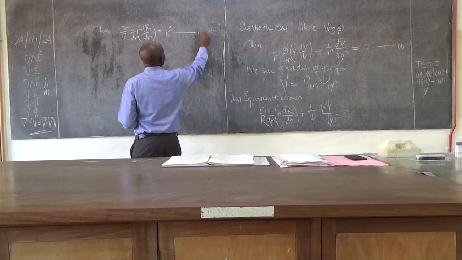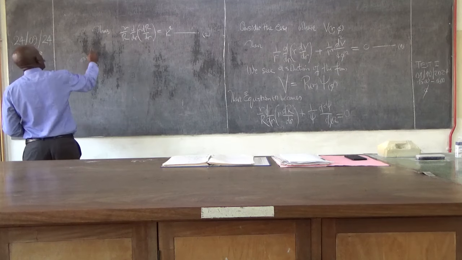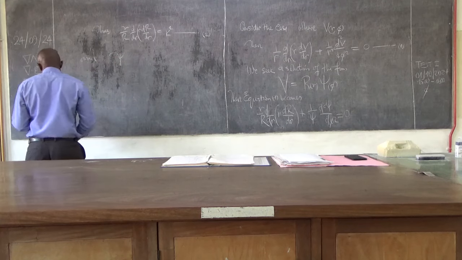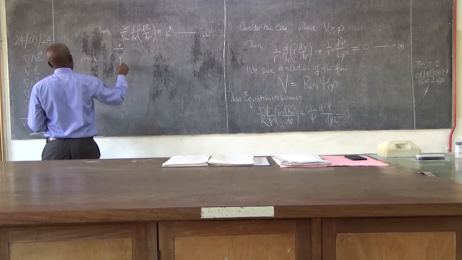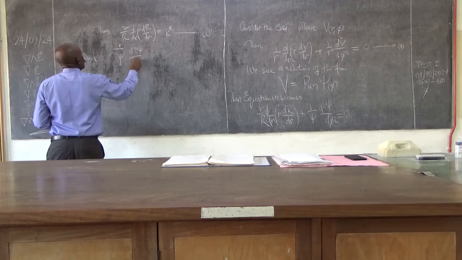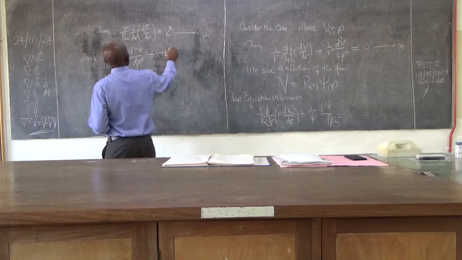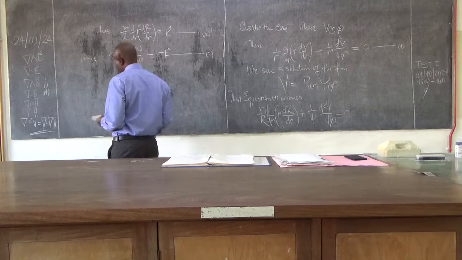This would be equation 2. And then the one in psi would be 1 over psi, d squared psi over d phi squared equal to minus k squared, and we call this equation 3.